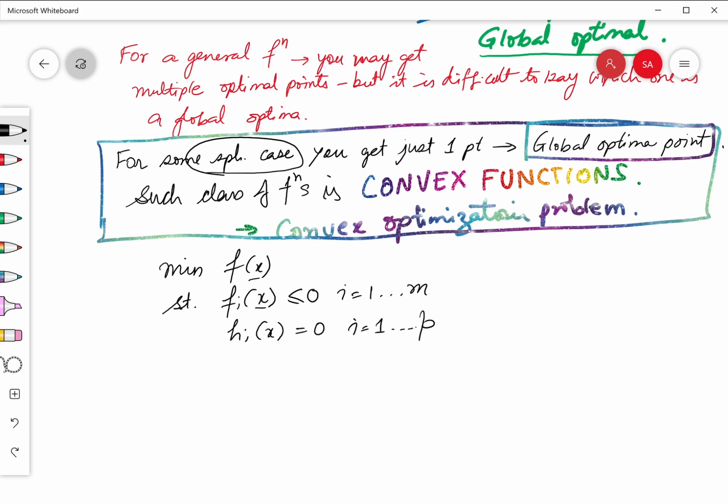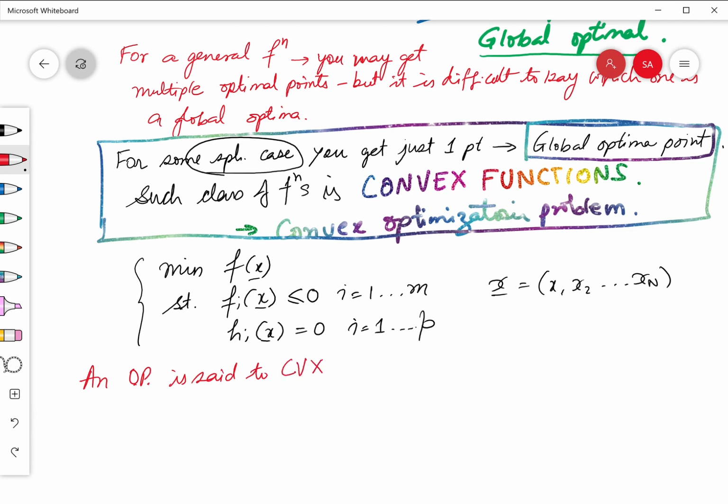And your x are all vectors, so x is x1, x2, till xn. Now such an optimization problem is said to be CVX, I'm writing in short form, CVX, or a convex optimization problem.